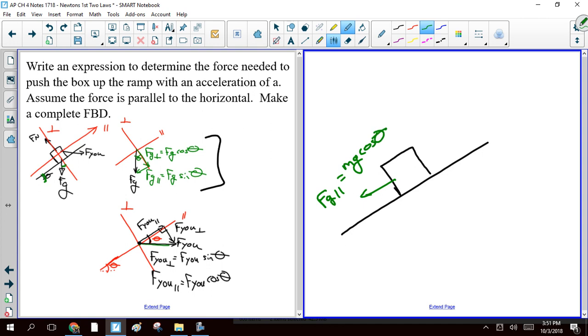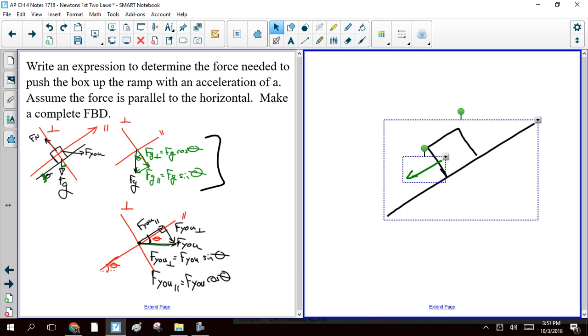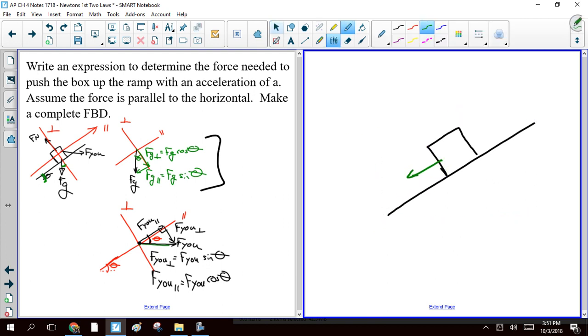Okay, here we go. So FG parallel is negative mg sine of theta. Okay, so that's that.